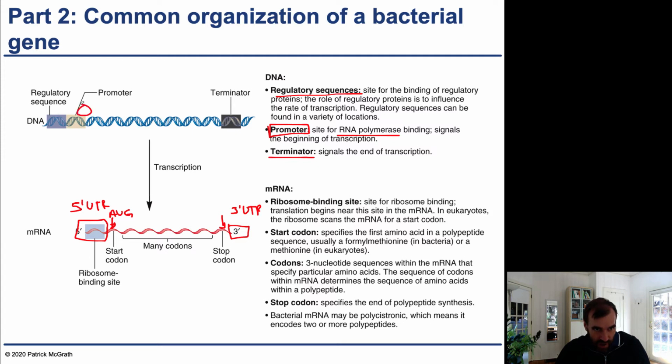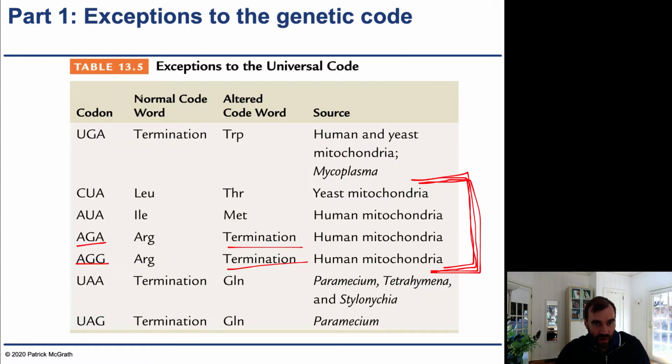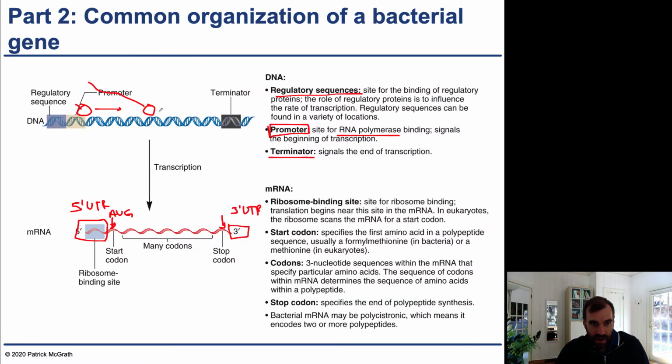So the polymerase comes here, it binds, and now it starts to produce this mRNA. As it moves forward, it continues to make more mRNA until it reaches a terminator sequence. There are certain things in the DNA that indicate for the mRNA to stop, and at this point it can release, and then you have an mRNA molecule.